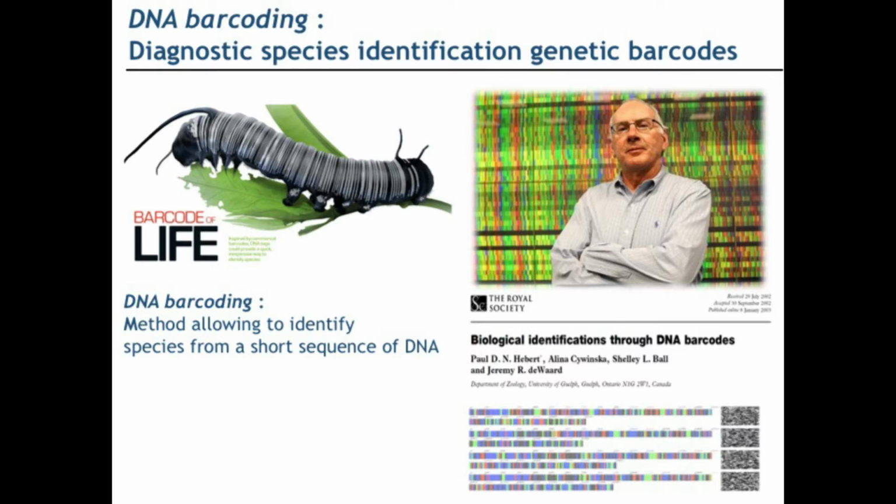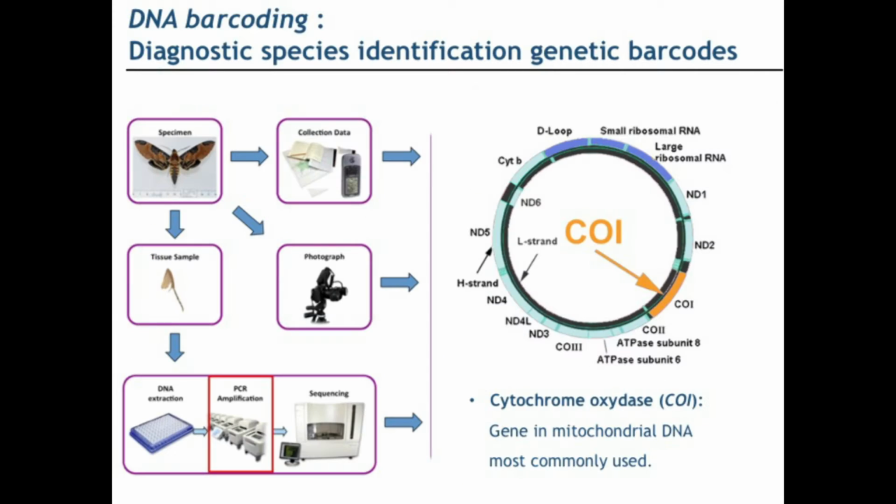DNA barcoding is defined as a method allowing to identify species from a short sequence of DNA. There's variation to that, but basically it is a small piece. This is the cytochrome oxidase gene within the circular mitochondrial DNA that is present in every mitochondria, which is the energy power in our cells.